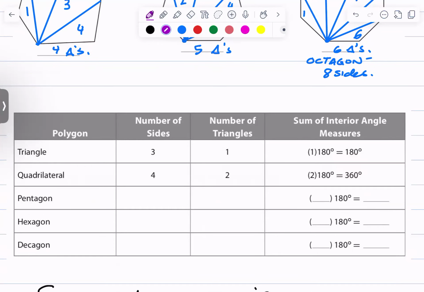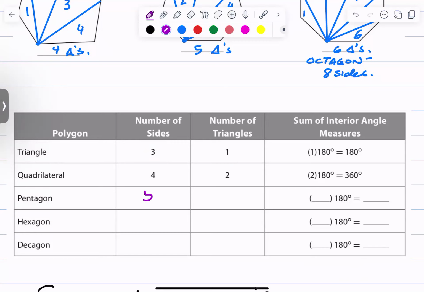So a triangle has 3 sides, has 1 triangle. So it's 1 times 180, right? Equals 180. So that's the total sum. A quadrilateral has 4 sides, 2 triangles, so it's 2 times 180.